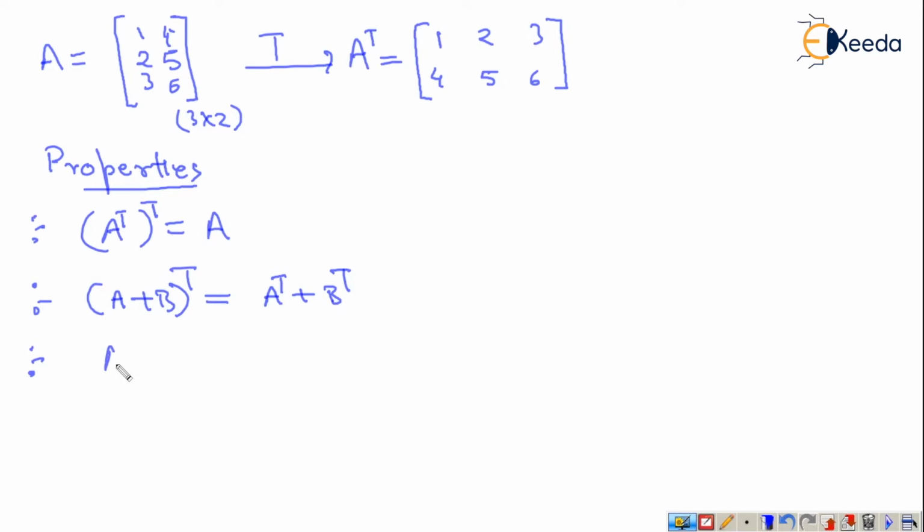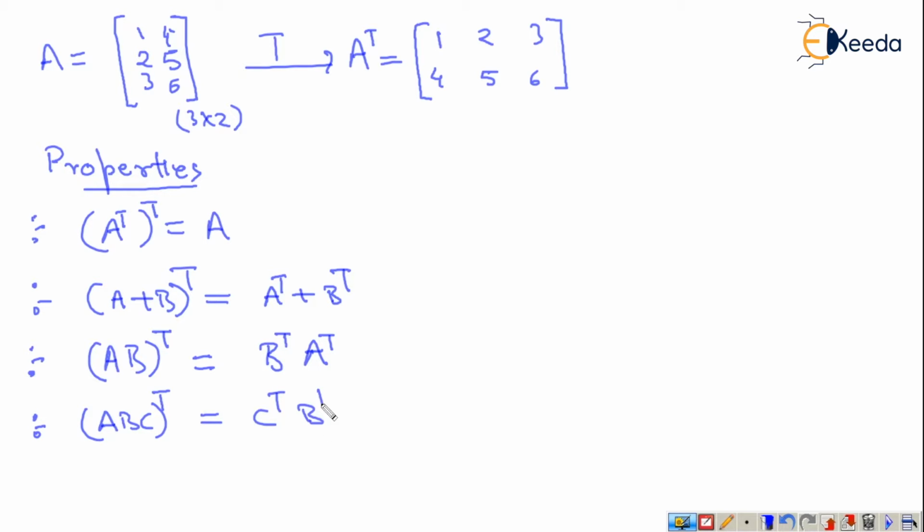But if you are transposing a product, a multiplication of matrices, in order to distribute the transpose, you'll have to change the order. So AB transpose becomes B transpose into A transpose, or otherwise if it is ABC transpose, this becomes C transpose B transpose A transpose, right?